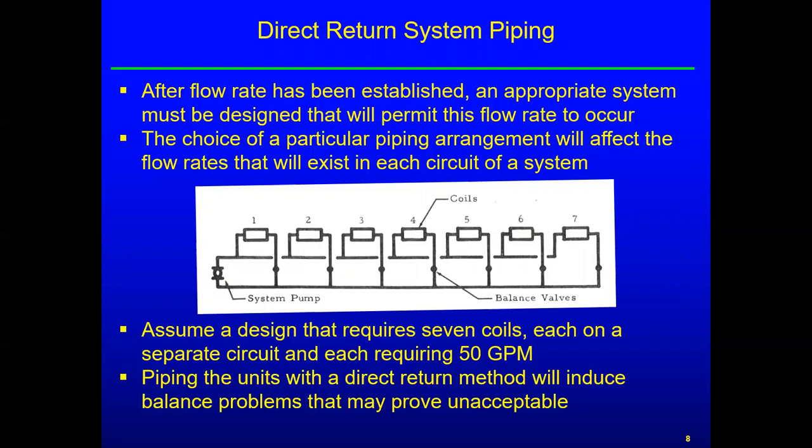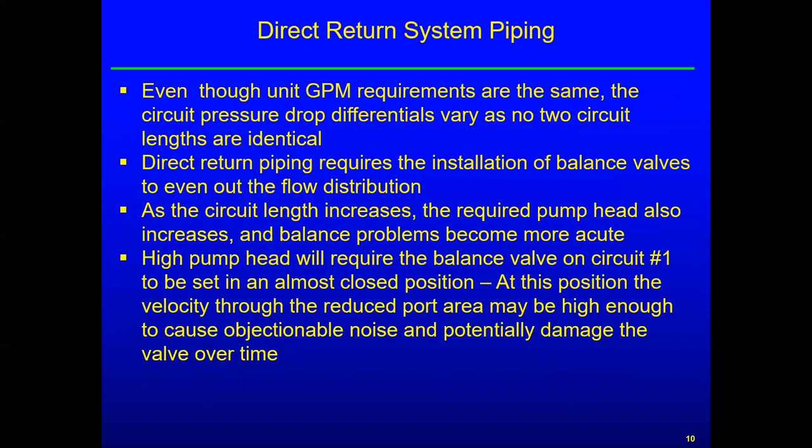So even if the units are identical and the pressure drop for each circuit, once you pull off of the supply main and return main, is identical, the pressure drop is going to be huge for 7 and almost nothing for 1, and it will increase consistently from 1, 2, 3, 4, 5, 6, 7. So that's obviously an issue.